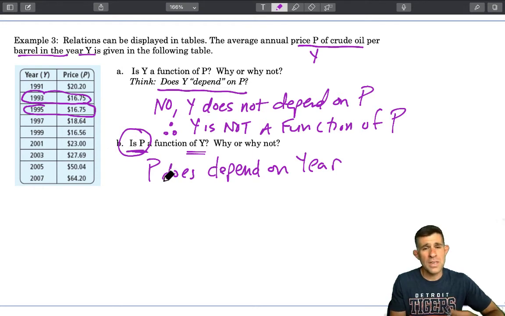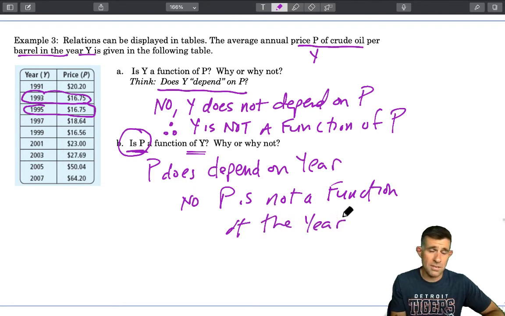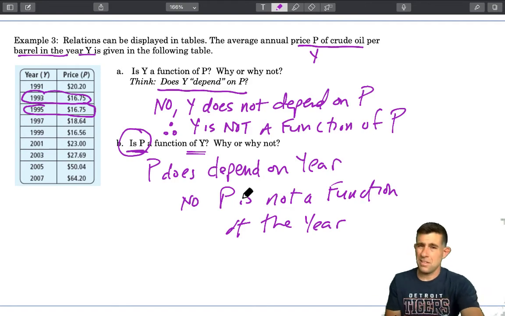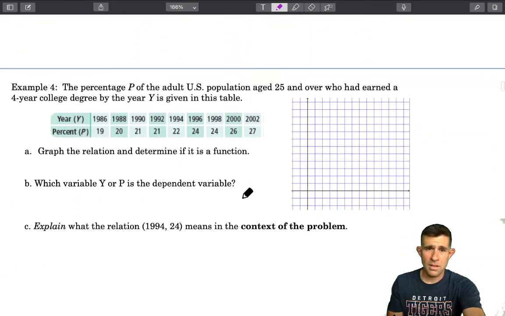So again, we have to say no, P is not a function of the year. Even though price will change over the years, here, because there are repeated price values that are the same, P does not depend on the year. It's a little bit tricky, but hopefully we'll get some more practice with that kind of language.